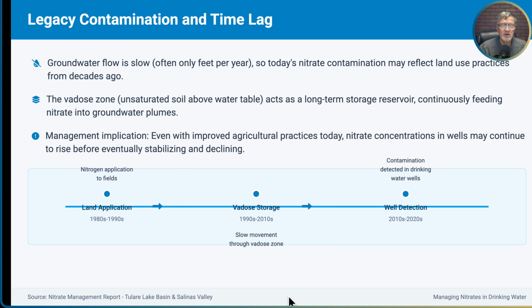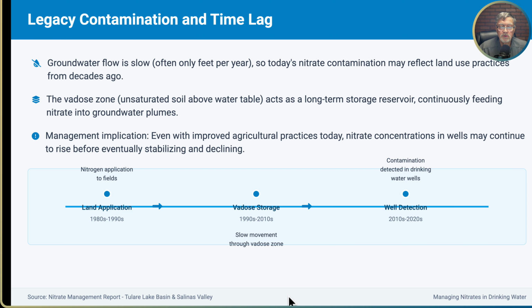There have been some of these isotope studies I mentioned earlier. They're looking at the sources, and you see the nitrate has worked its way over time through slow groundwater flow, and now it's managed to impact pretty much the entire basin.